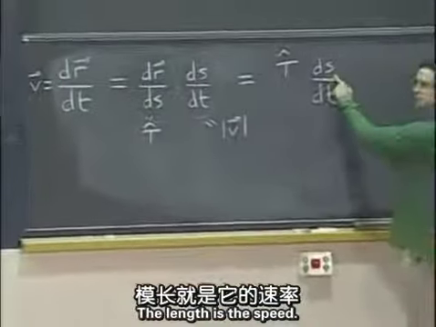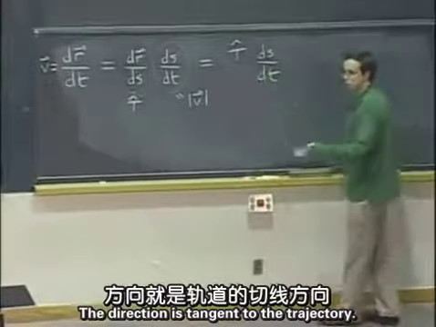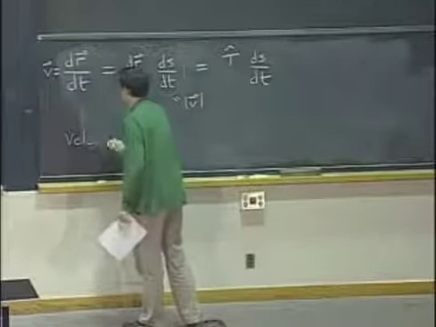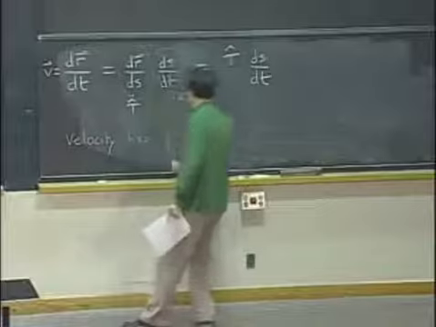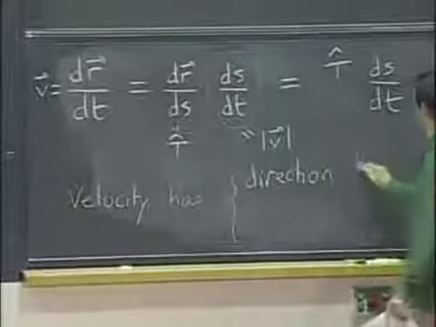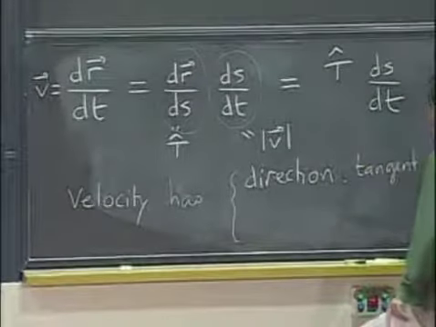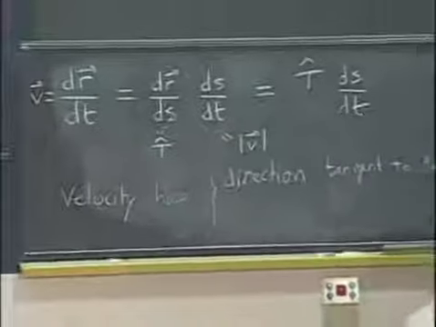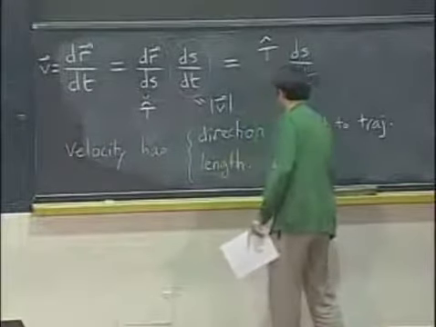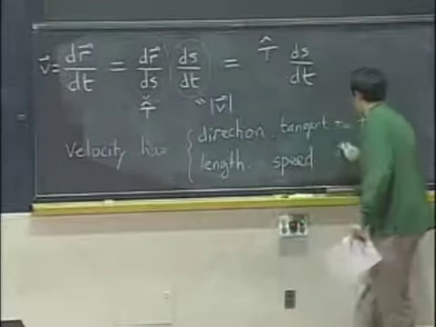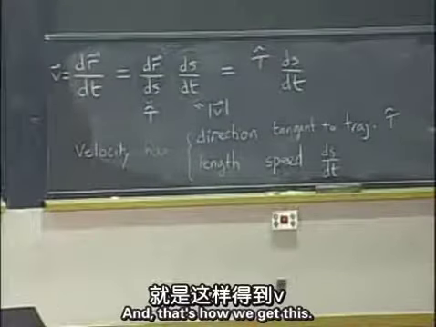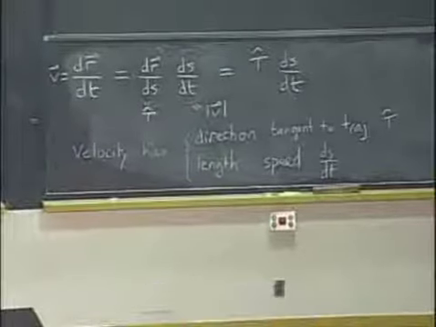The length is the speed, the direction is tangent to the trajectory. So the speed is ds dt, and the tangent vector is t hat. And that's how we get this. Okay.